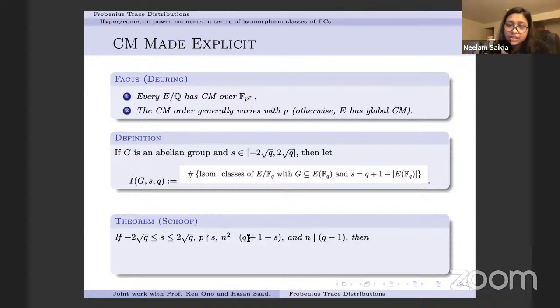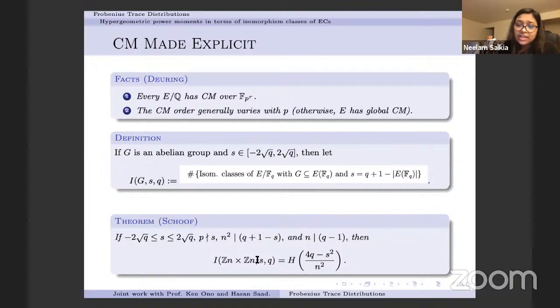So that's why n squared divides this number, and with this additional congruence condition, we obtain that this number I, the isomorphism classes of elliptic curves which contain this subgroup G_n times G_n, is given by this class number, and this is the Hurwitz class number that we have defined earlier.